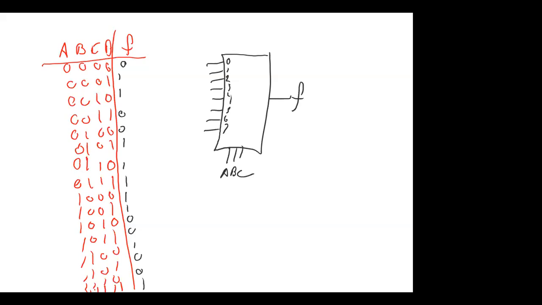Well, let's examine this a little bit. If we were to group by 2 rows at a time, then we'd be using selector inputs A, B, and C. So I can do that.